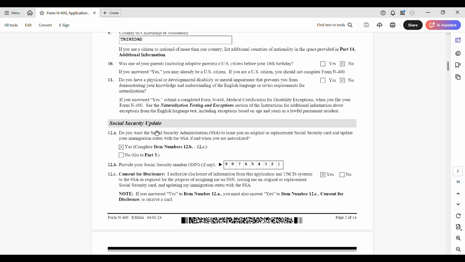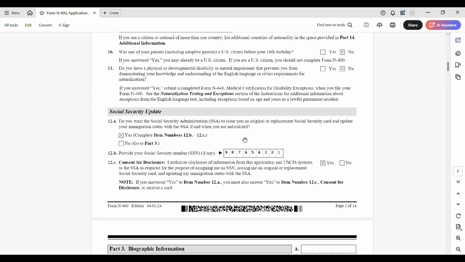Social Security Update. 12A. Do you want the Social Security Administration to issue you an original or replacement Social Security card and update your immigration status with the SSA if and when you are naturalized?